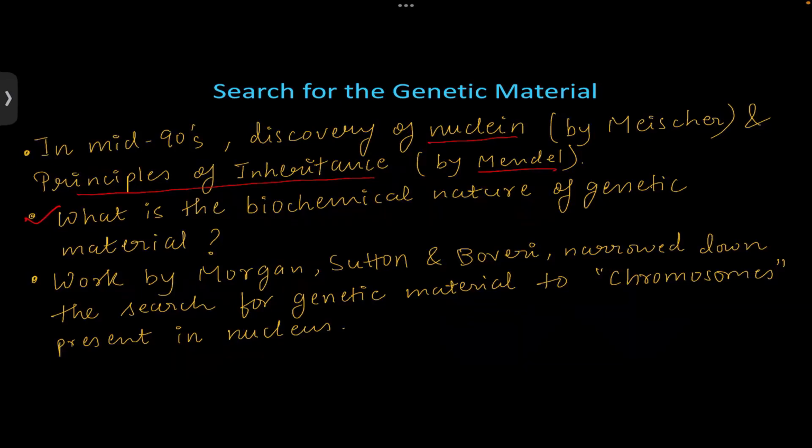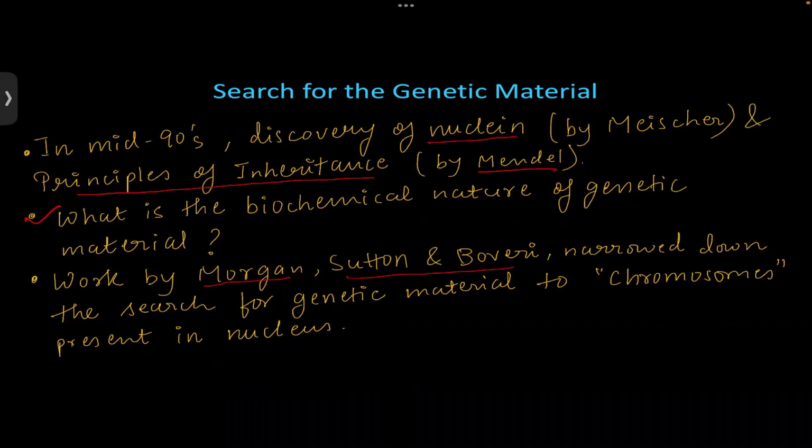Then the work of Thomas Hunt Morgan, who worked with Drosophila. We talked about linkage and recombination. There was also the work of Sutton and Boveri, who gave the chromosomal theory of inheritance.